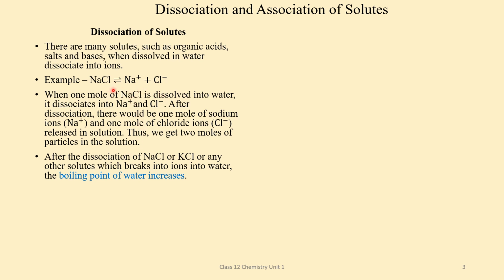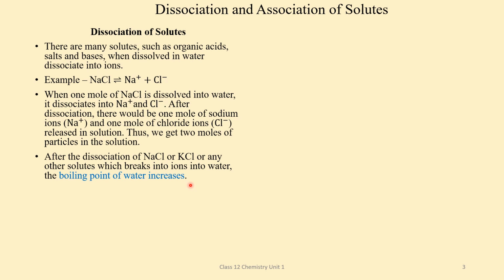Before dissociation, there was 1 mole, and after dissociation, there are 2. Thus, after dissociation of NaCl, or that is true for other solutes such as KCl or any other solute which breaks into ions in water, the boiling point of water increases.